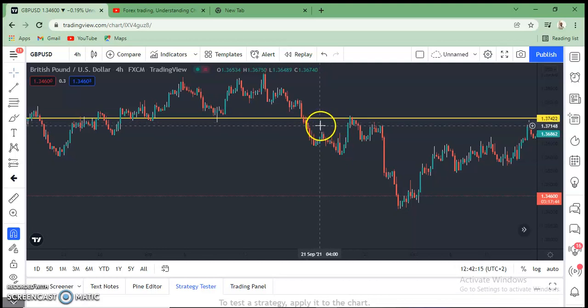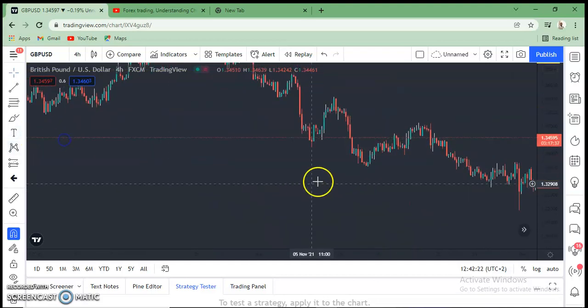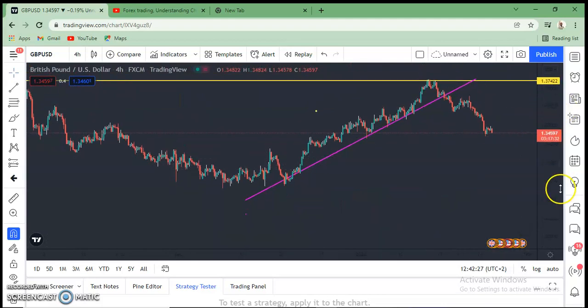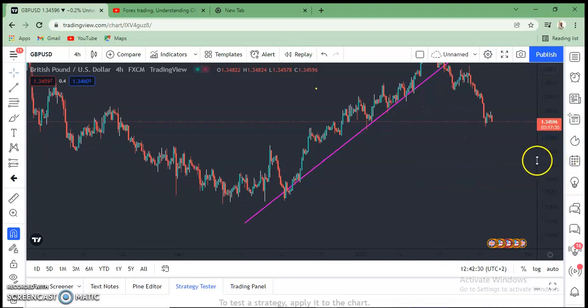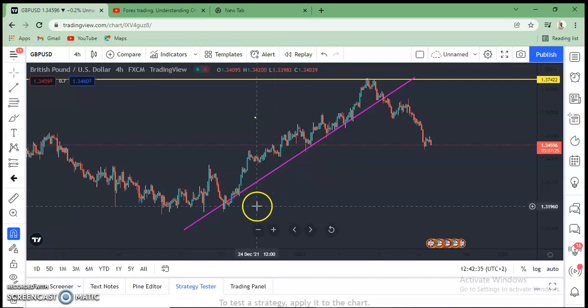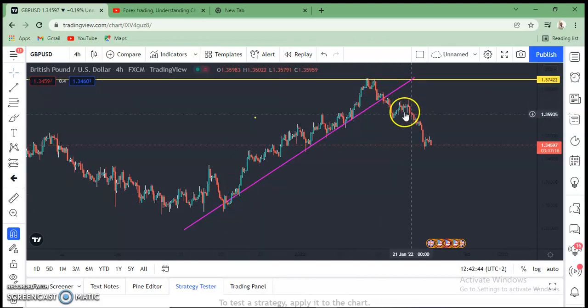So you can see the market went up, and based on these previous performances, we can predict more. We can predict certainly that when the market reached here, it would retest and go down. This market is likely to go down strongly.